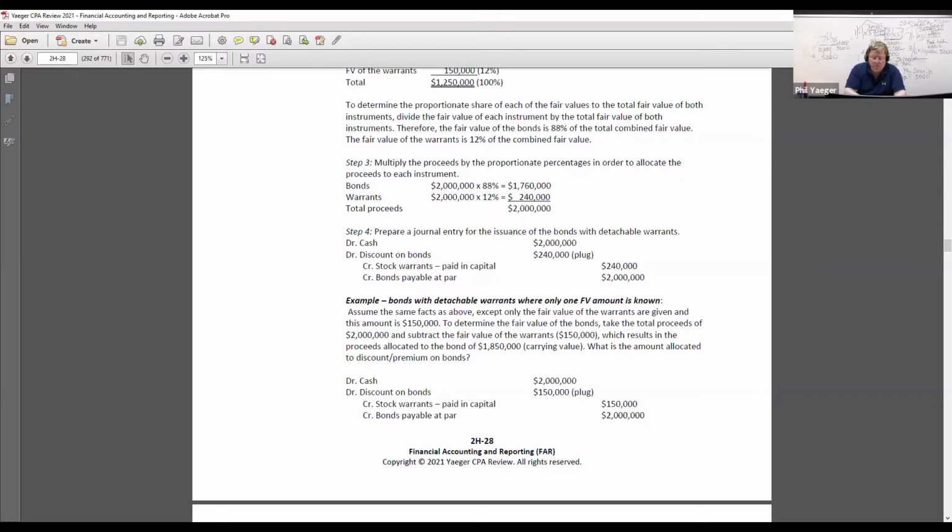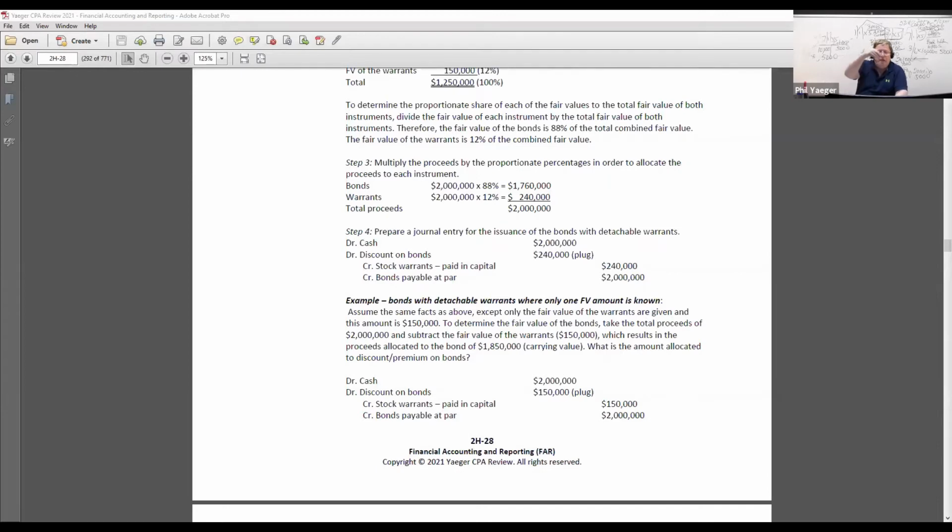How do you determine it's a discount if the bonds payable at par is 2 million? Because when you only know the fair market value, and generally only the warrants, you take the proceeds, subtract the fair market value of the warrants, which goes to a paid in capital account, right?